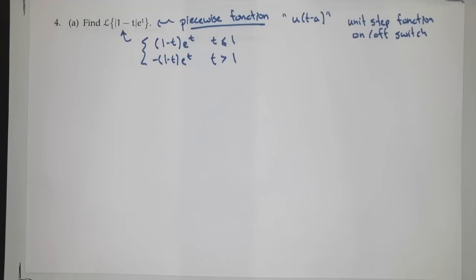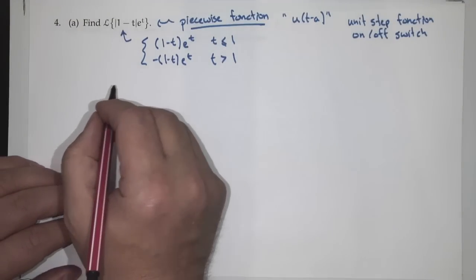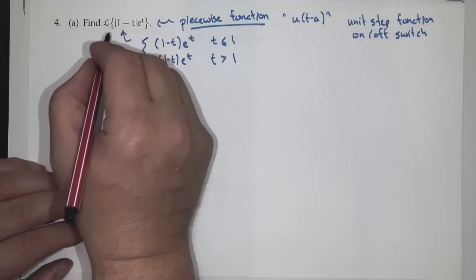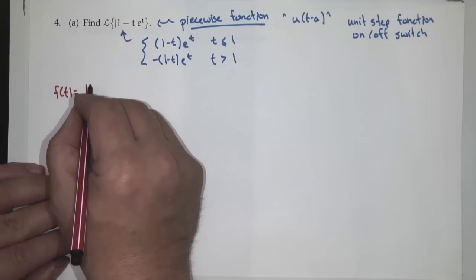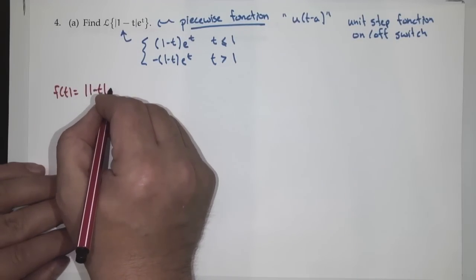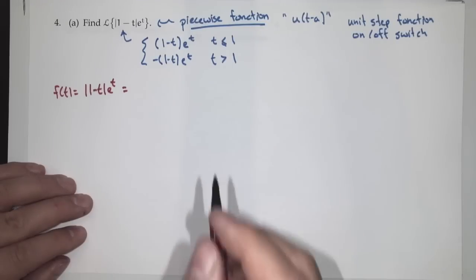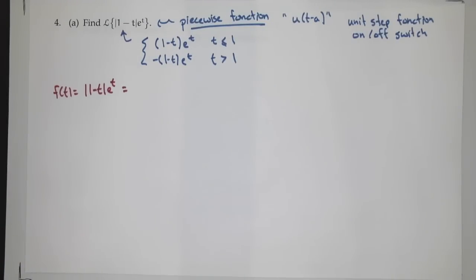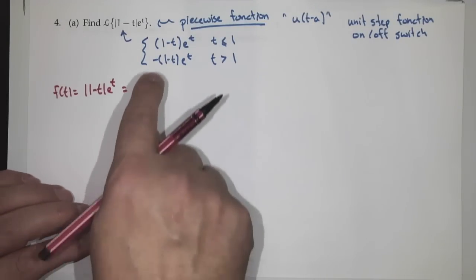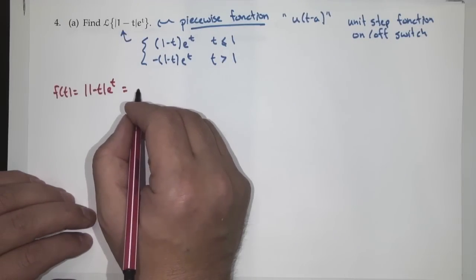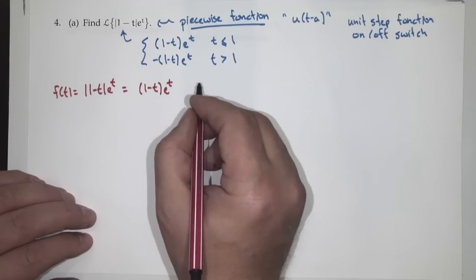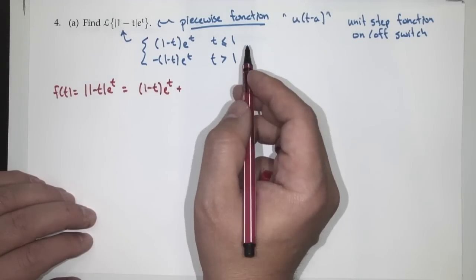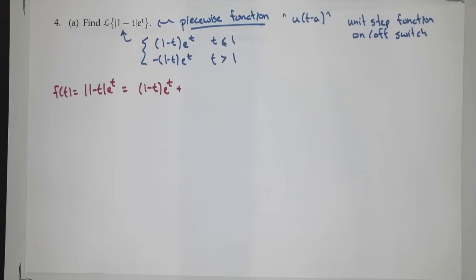So now we say, okay, our function, we're going to let f of t be our absolute value of 1 minus t times e to the t. We want to rewrite it in terms of the unit step function. So we say, all right, what do we start with? We start with this 1 minus t e to the t, and then we change behavior at 1.